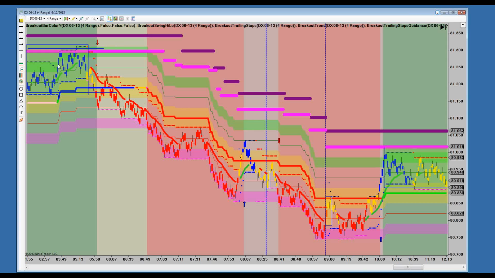When we talk about breakout, a breakout refers to either a break up or a break down. And we can see here, some of you may or may not be familiar with this, the guidance in this case was short from these guidance dots, and so our expected direction was down. And of course you see that we came out of the box to the downside here.